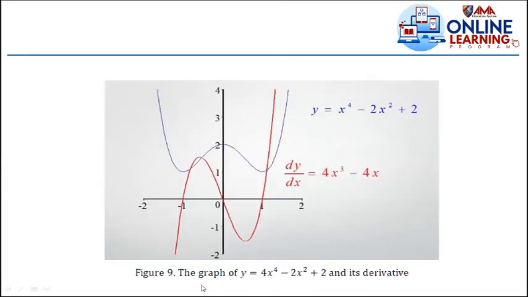So, next, the graph of y is equal to x to the fourth minus 2x squared plus 2 and its derivative. So, pag kinuha natin yung derivative po niya, ito na magiging graph po niya. dy dx equal to 4x cubed minus 4x. So, this is now your derivative. I-connect po natin siya dito. Then we have 0.